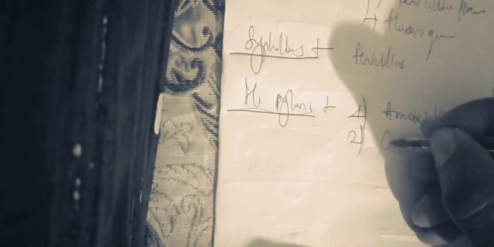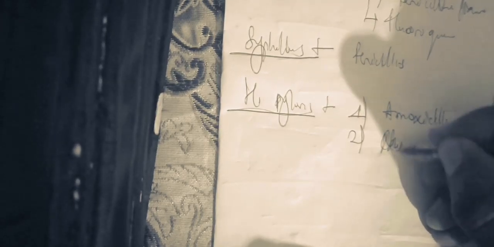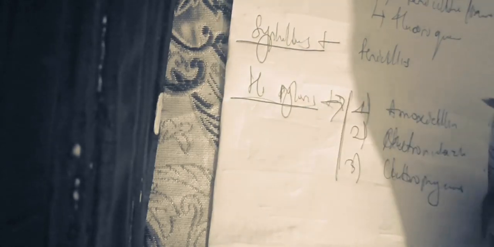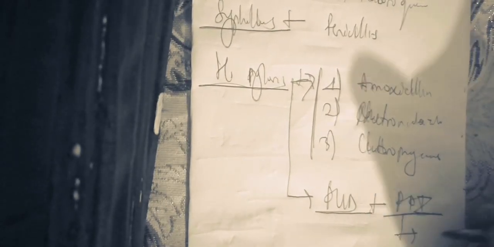The second antibiotic, we have metronidazole, and then the third antibiotic we are going to have clarithromycin. Is it clear? So those are the three major antibiotics that are going to be given against Helicobacter pylori. After having those three major antibiotics, still when the patient has a peptic ulcer disease, you have to know that in addition to that, you have to give him a proton pump inhibitor.